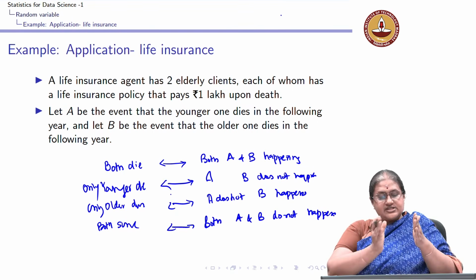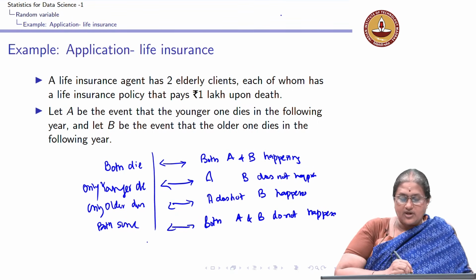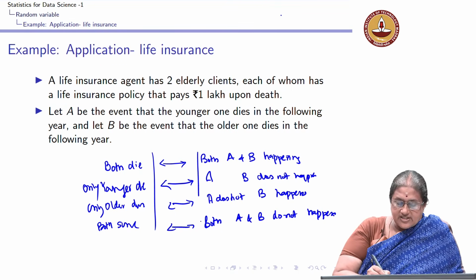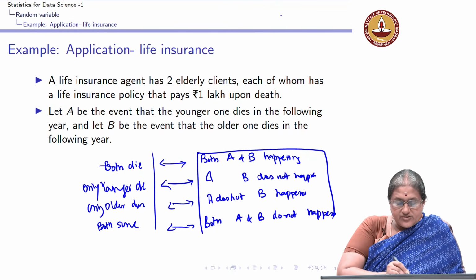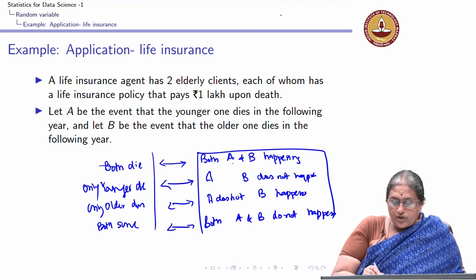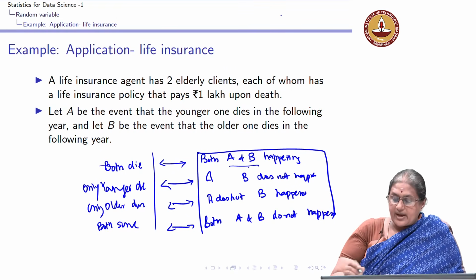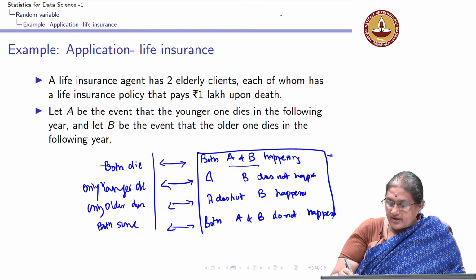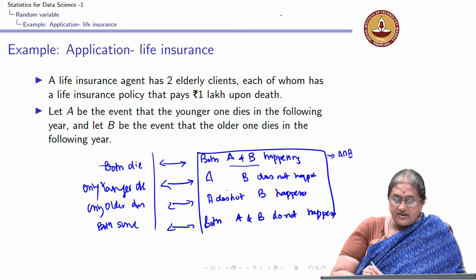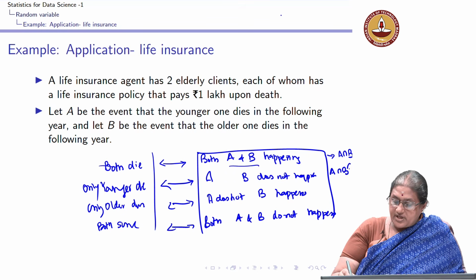So first, these are the possible outcomes, and I have listed or mapped each one of the possible outcomes in terms of the events. When both die, both events A and B happen, and mathematically I can express this as A intersection B. Only the younger one dies, but the older one does not die: A intersection B complement.